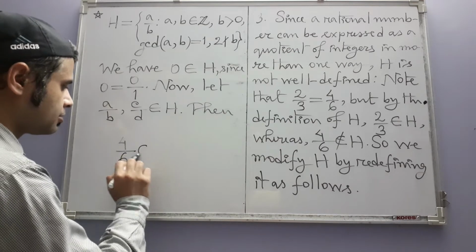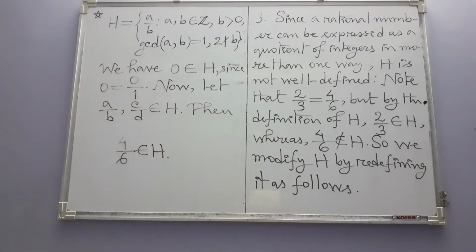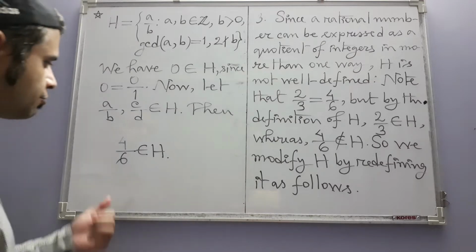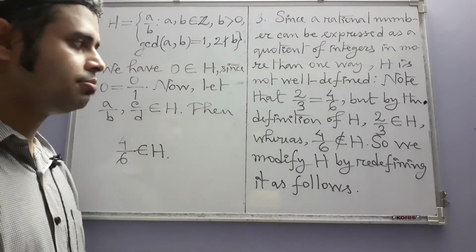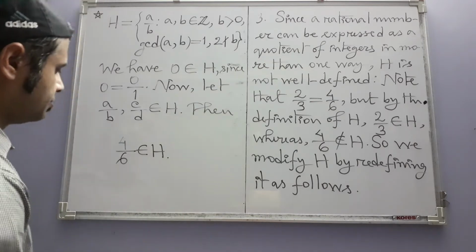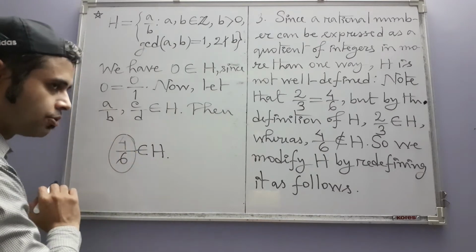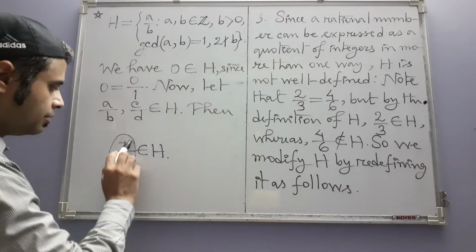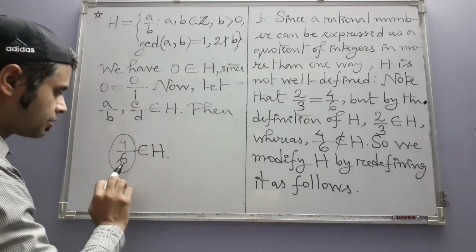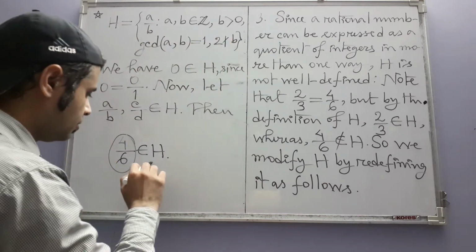4 divided by 6 belongs to H, for example. 4 divided by 6 actually belongs to H, our new H. Do you see why? That is because this rational number 4 divided by 6 in this representation is not one of these representations.